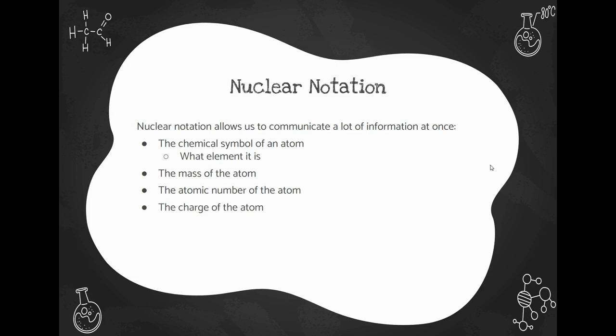It gives us all of this information directly. It also tells us the amount of each of the subatomic particles, the protons, neutrons, and electrons. And it does this indirectly. It doesn't say them outright, but you can figure out the amount of each from nuclear notation. So the important part is that nuclear notation tells us a ton of stuff all at once.